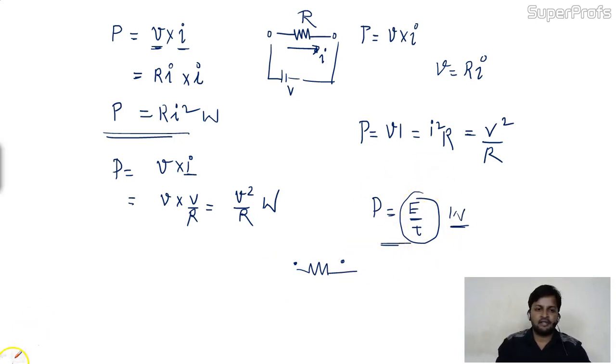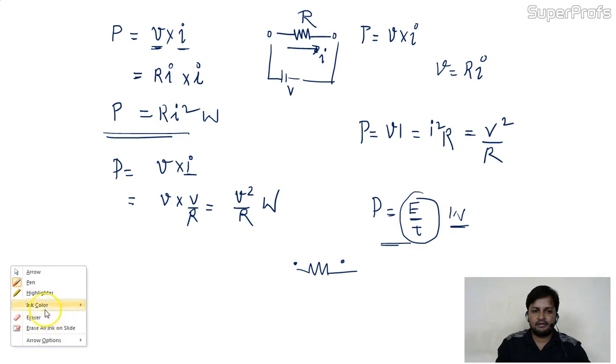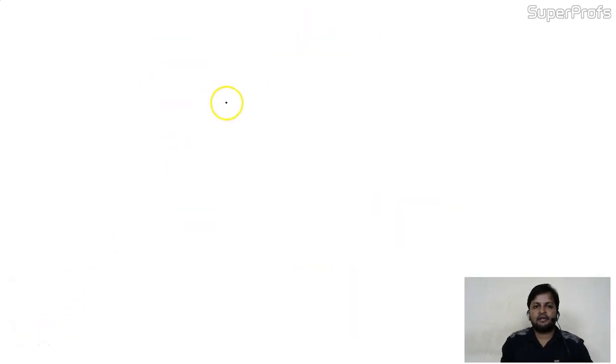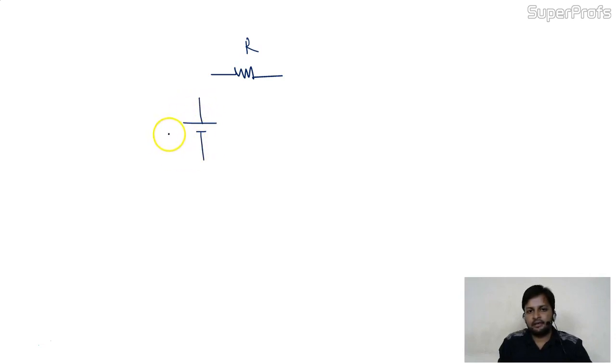The important things are, suppose in the circuit we have some elements, maybe a resistance, and maybe the other one is an independent source, a battery. So power is actually of two types.